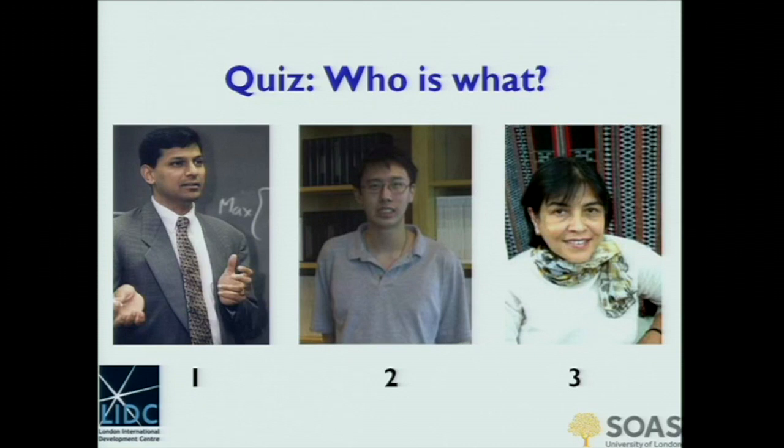Who thinks that number 1 is the social scientist? Who thinks that number 1 is the natural scientist? Also very few. Who thinks that number 1 is the economist? Ah! Large majority. Okay, great.